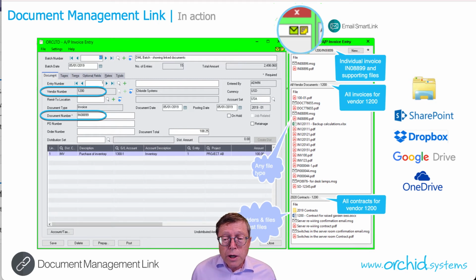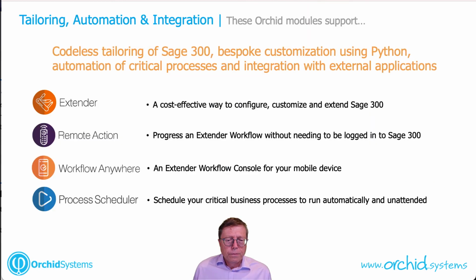It's showing us exactly what is required for this invoice in the top box, the next box down is showing us all invoices for this vendor, and the bottom box is showing us contracts for this vendor, all customizable and able to be set up by yourselves.